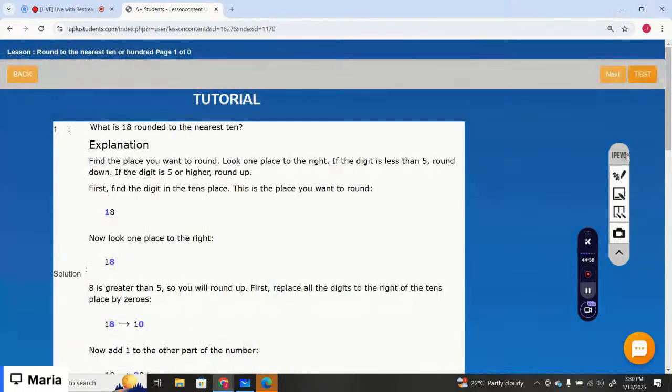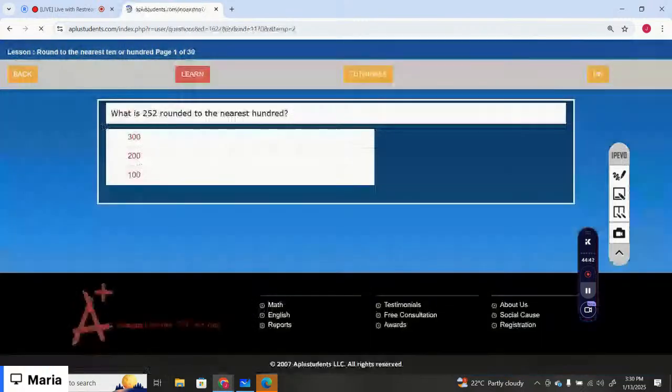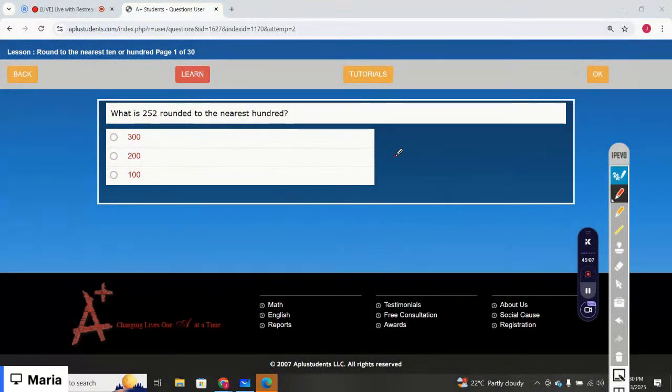Let's just start with the test questions. What is 252 rounded to nearest 100? Now you need to round it to the 100, right? So which digit is at the hundreds position? 1, 10, and 100. 2 is at the 100 position.